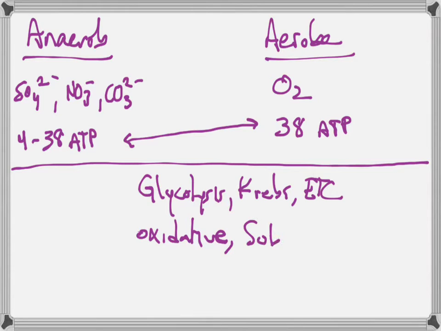Substrate level. Oxidation of the carbons from glucose, complete or incomplete? Complete, and completed when? Krebs, in what form? What does carbon look like? CO2. Beautiful. Final electron acceptor for fermentation? Pyruvate.